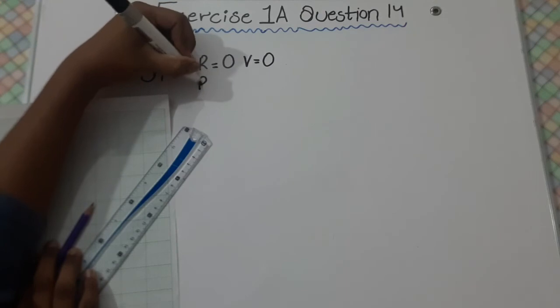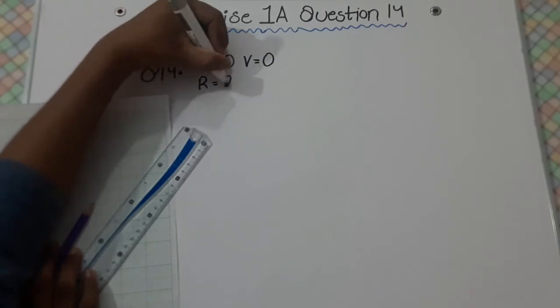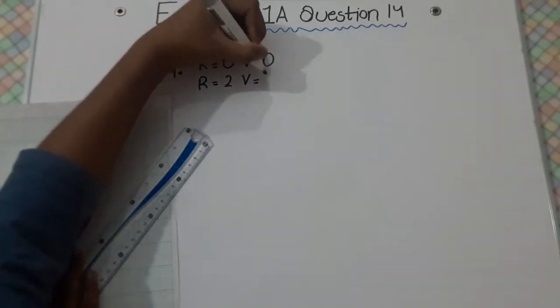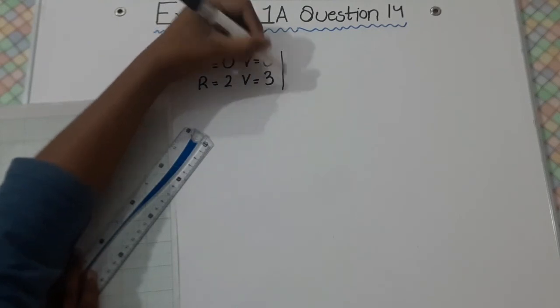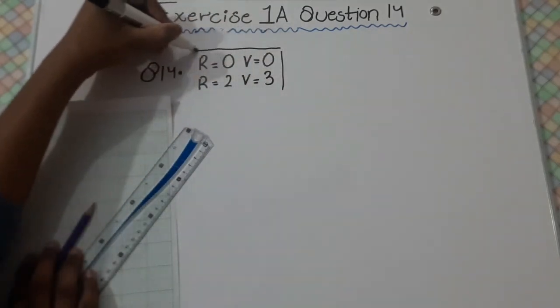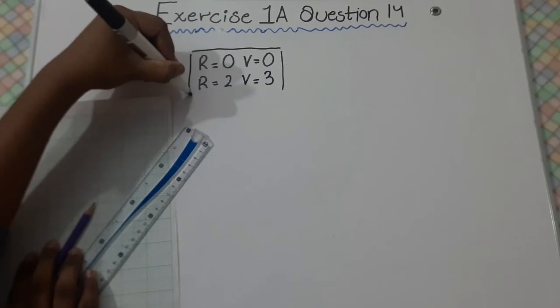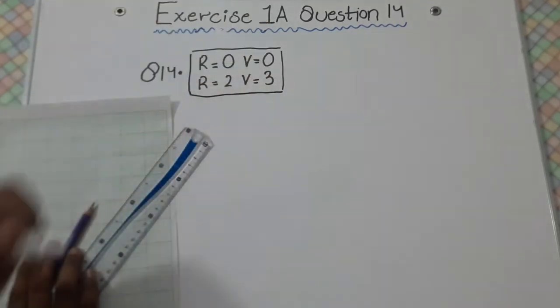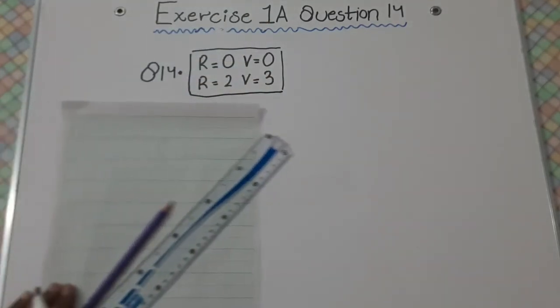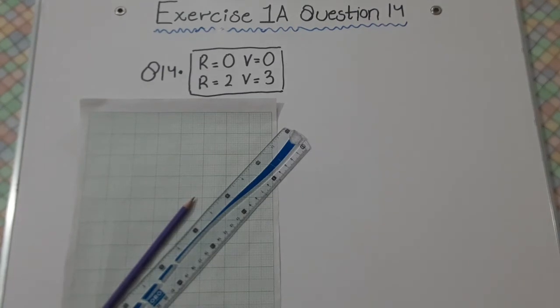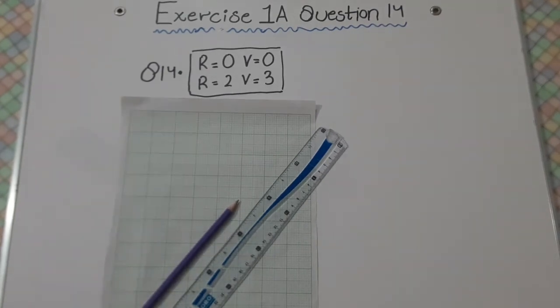When r is 2, v would be 3. These are the coordinates for this graph. So now let's plot the graph.